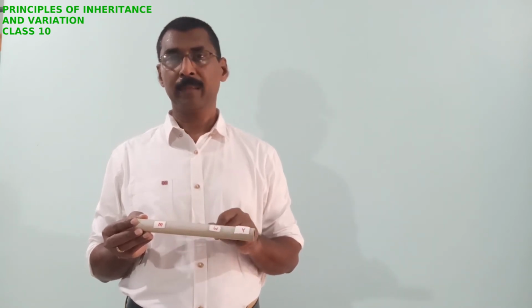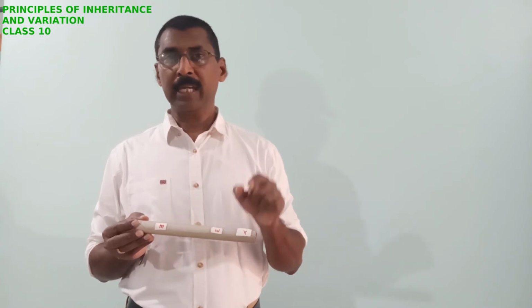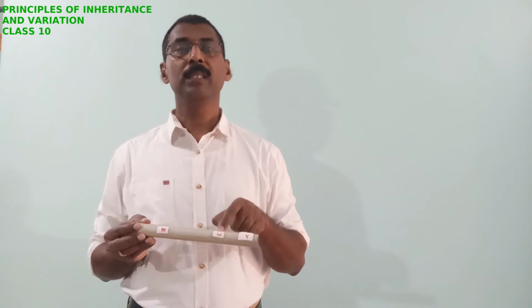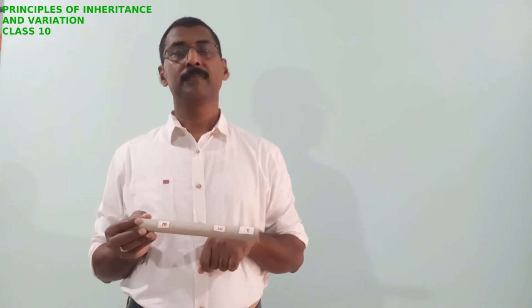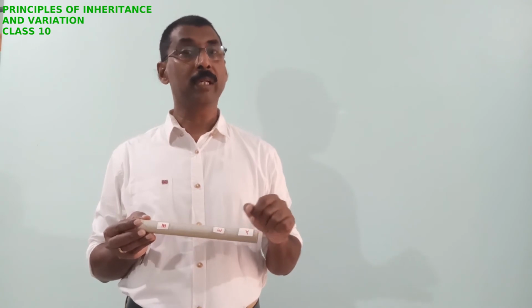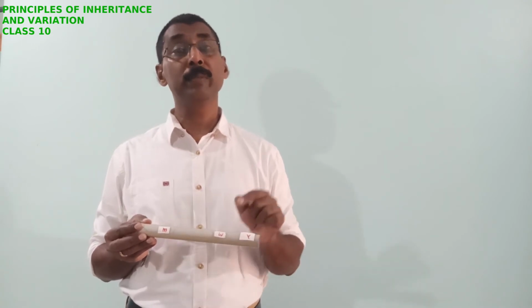That means chances of occurrence of crossing over between these two genes is less. So naturally, the percentage of recombination would also be less.